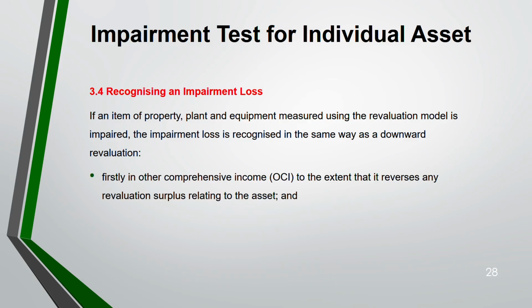So firstly, it goes into your OCI, to the extent that it reverses any revaluation surplus relating to the asset, and then the extra impairment loss you will recognize in the operating category in your statement of profit and loss. This is the same for a downward revaluation. So the impairment loss is treated the same way as a downward revaluation.